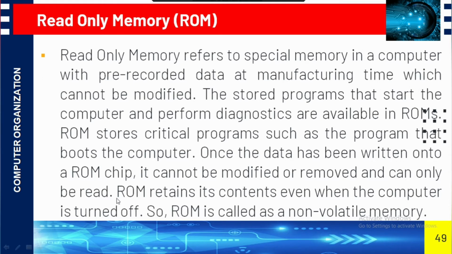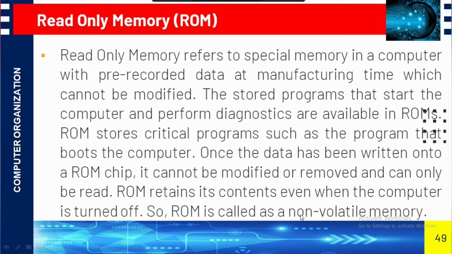We can only read the data. ROM retains its content even when the computer is turned off. Once the data is stored in this ROM, it is retained, it cannot be deleted, and it cannot be modified. So ROM is called a non-volatile memory.